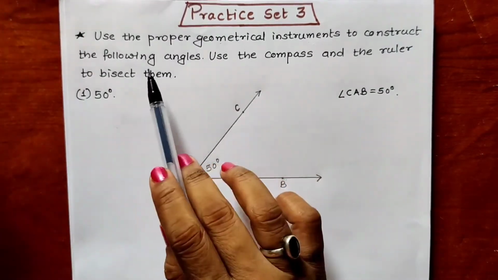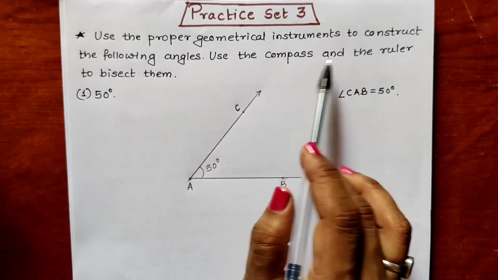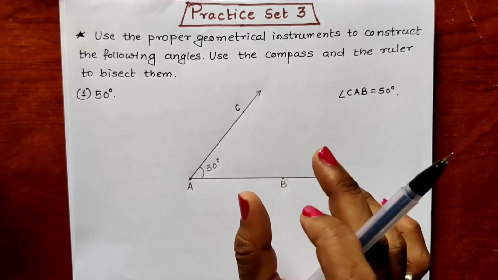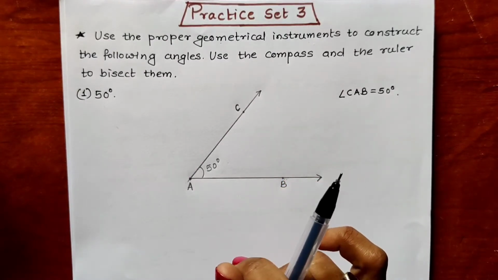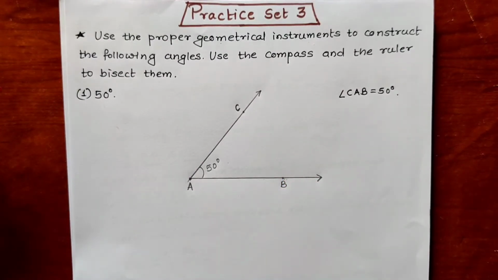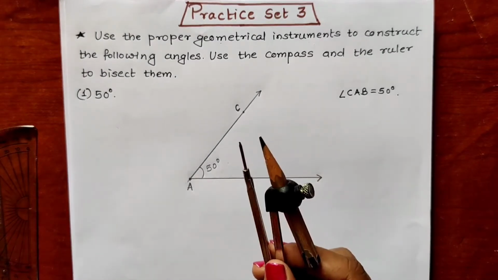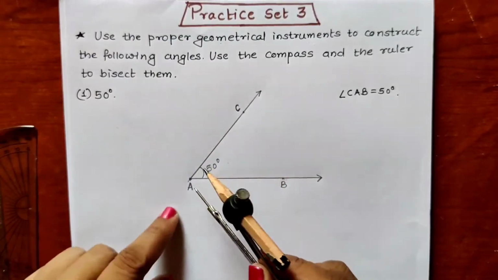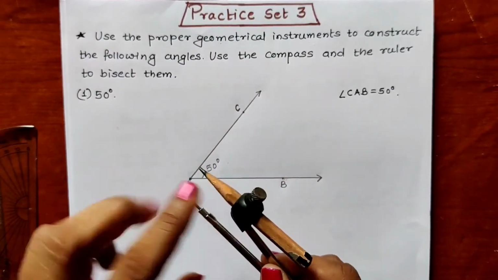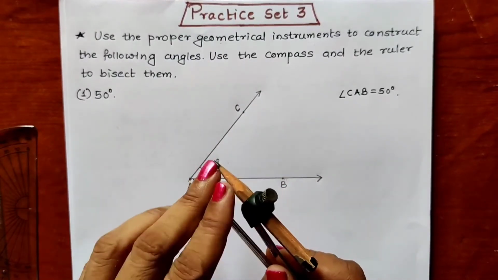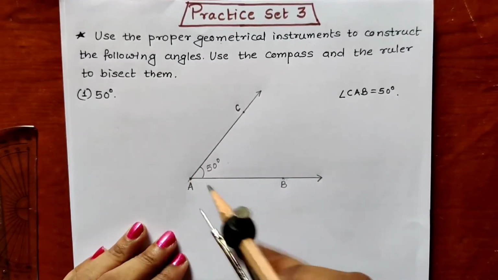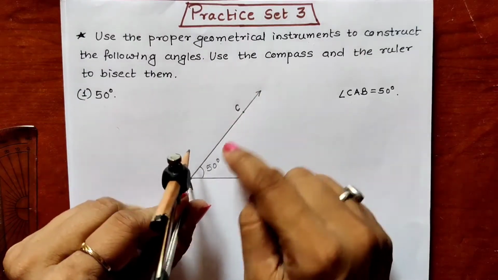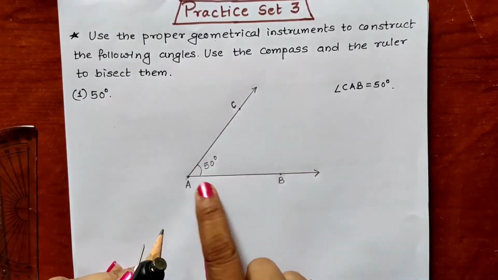Now after drawing an angle, we have to use compass and ruler to bisect it. We have to bisect this angle by using our compass and ruler. So let us use the compass first. Here I am having my compass. I will place this point on vertex A, and keeping a certain distance in my compass, I will draw an arc in such a way that it cuts ray AC and also ray AB.